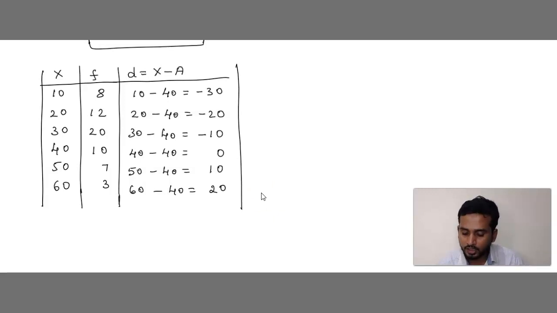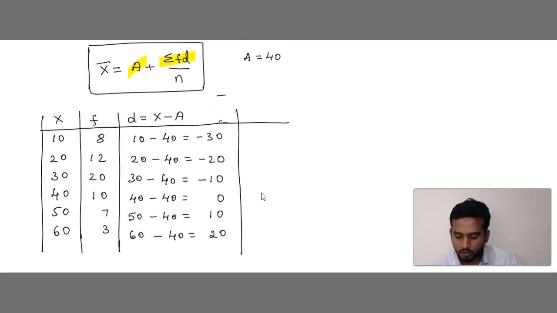After finding D, what do we need actually? Let me see the formula. What do we want, children, in this? Sigma FD means F into D. To find FD, what should we do? We have to multiply the F and D values. Plus into minus is minus: minus 30 into 8 is 240.